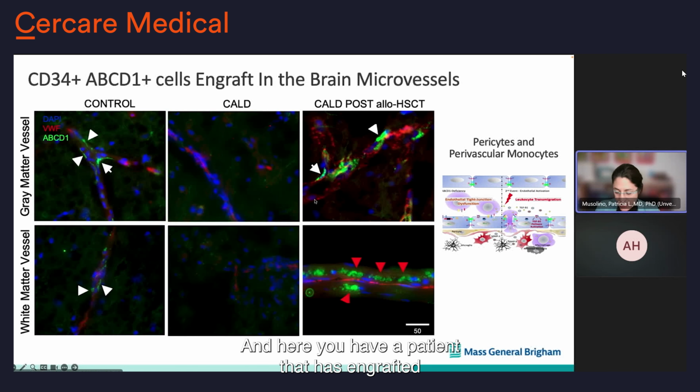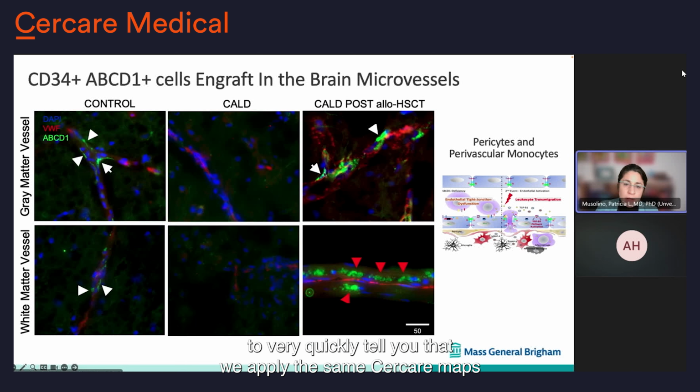And here you have a patient that has engrafted best, here perivascular cells, probably myeloid cells, but here very clearly pericytes and some endothelial cells that are from the donor. So this effect in the microvasculature is possibly produced and provided by this CD34 pool of endothelial and other precursors that can engraft into the brain.